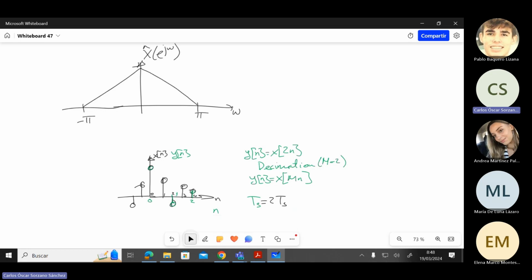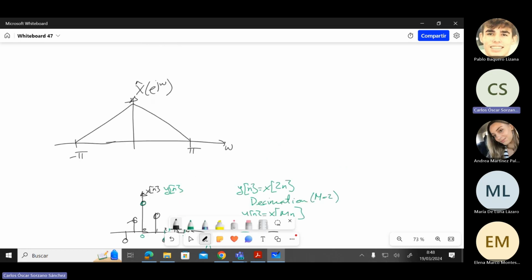The FFT also shows these things. The FFT, here we have samples along the axis. So what we have are these samples, with separation here 2 pi divided by n, where n is the number of samples of x.